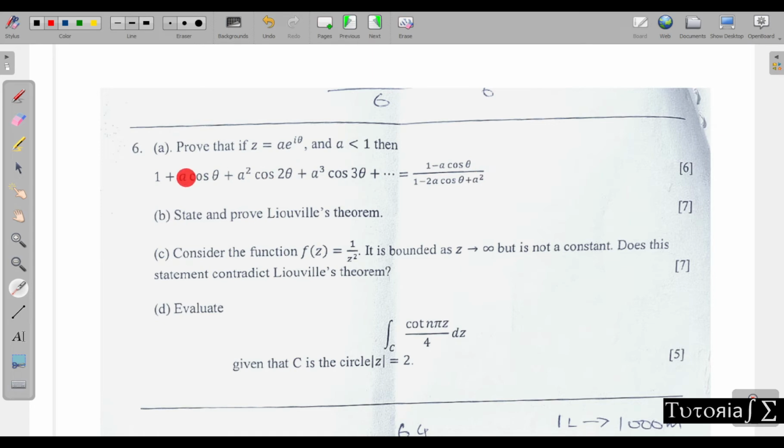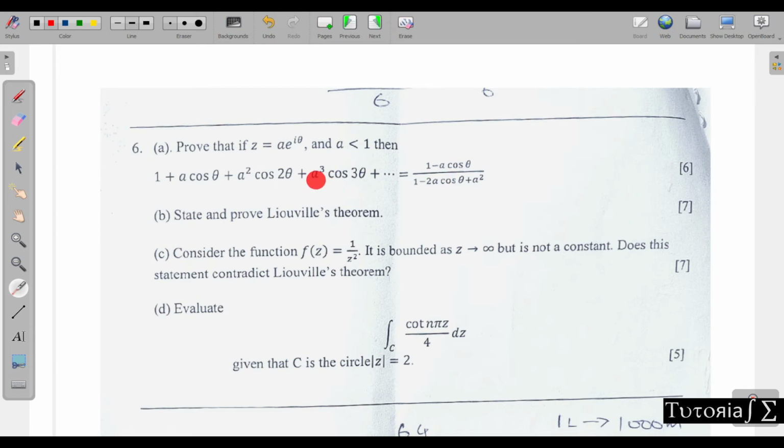Same applies for cos theta. We see that we have cos 1 theta, cos 2 theta, cos 3 theta, and so on and so forth. So for this to be 1, it had to be cos 0 theta. We can only get cos 0 theta if we have n equal to 0.